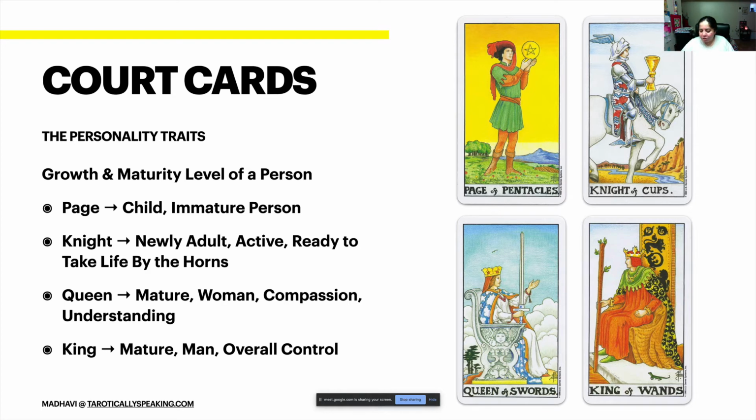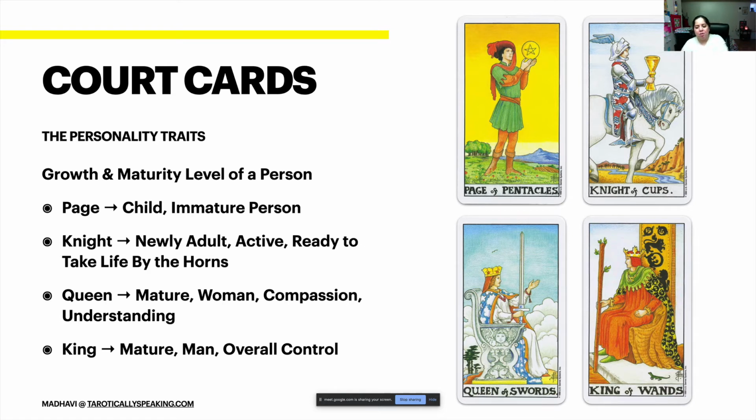But if different situations show this, your client shows up as a queen, for instance, you know that this person is coming at it with a more compassionate attitude, or they want to understand it, or there's some deeply feminine qualities at play here, right? So depending on which card shows up, and that's how we all are, right? In certain situations we are very childlike.